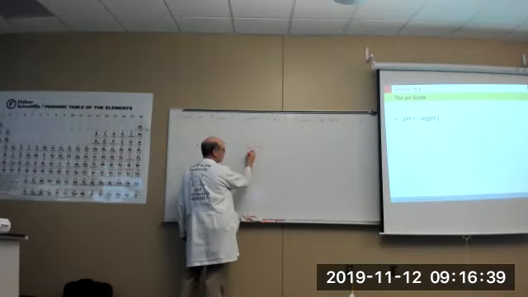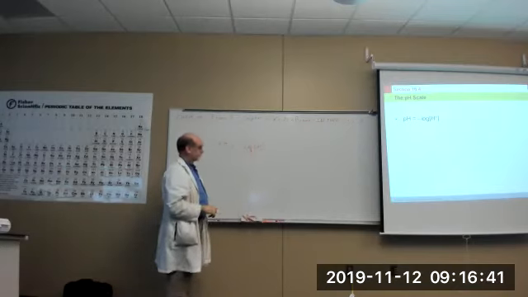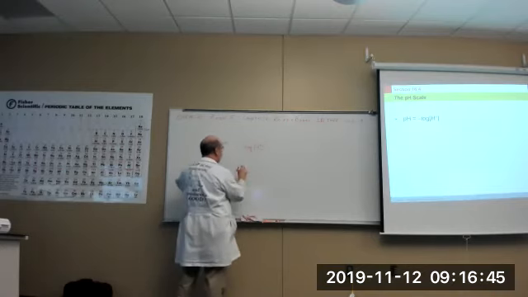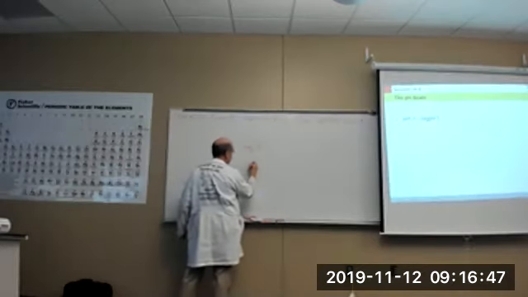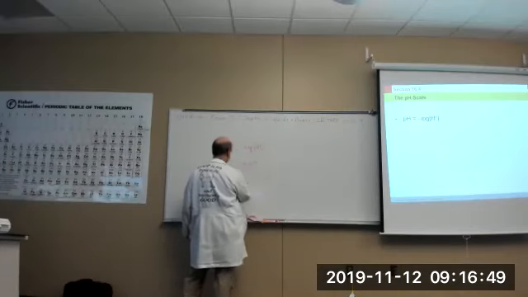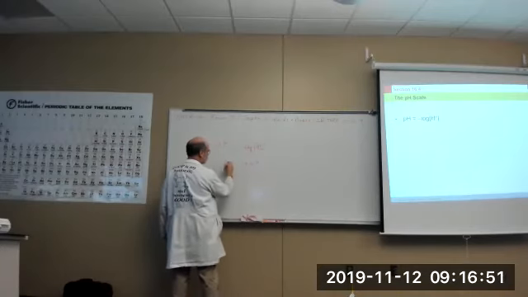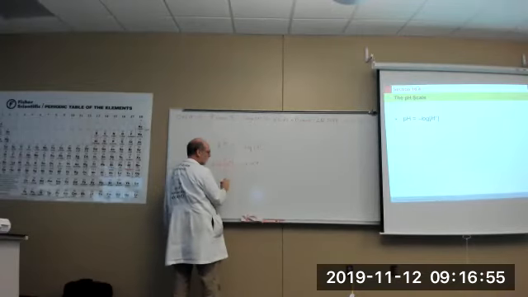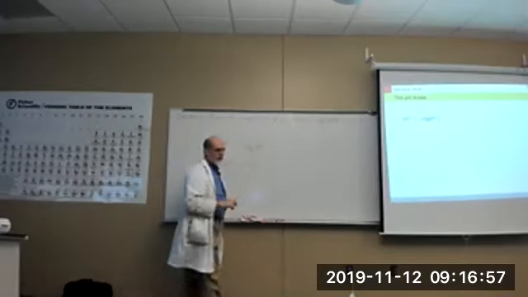So this is base 10, right? So what would happen if he took the log of 1 times 10 to the minus 7 for hydrogen ion concentration? Well, if you take the log of that, what do you get? Well, remember how logs work.